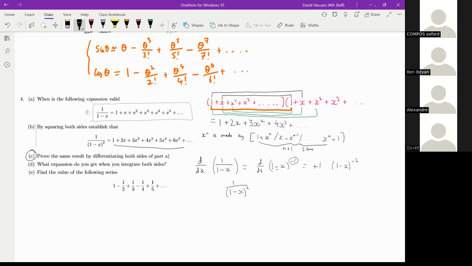What happens if I differentiate the original series, though? So what happens if I differentiate 1 plus x plus x squared and so forth?